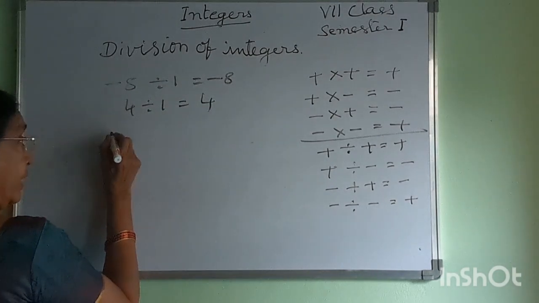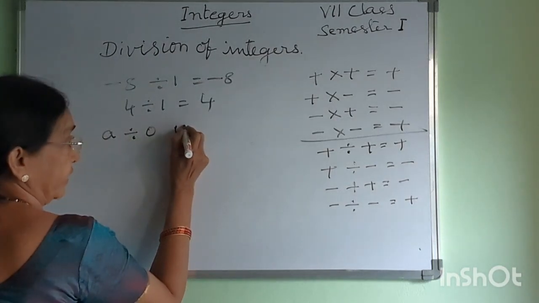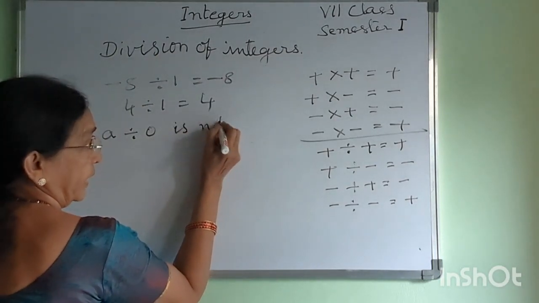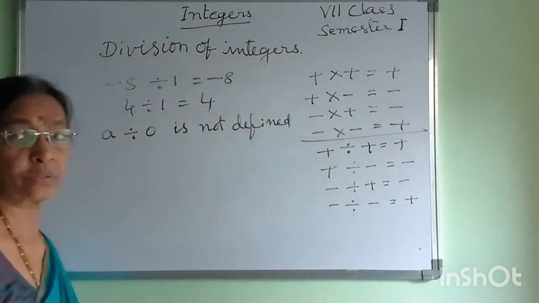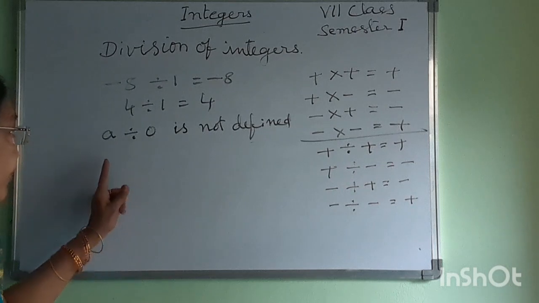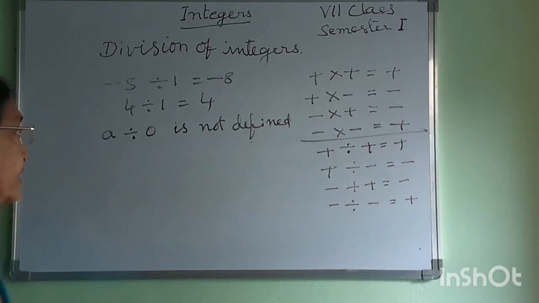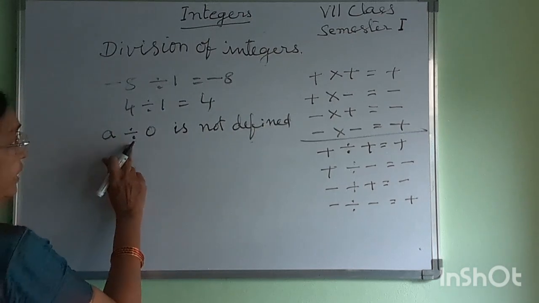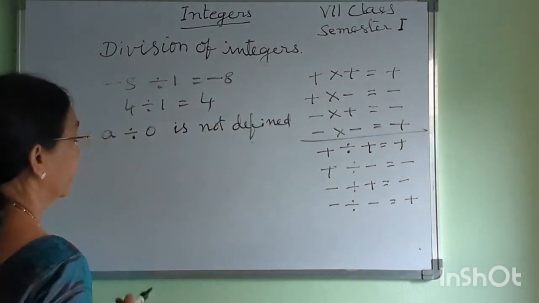An integer divided by 0 is not defined. So division by 0 is not defined. Therefore, an integer divided by 0 is meaningless. It is not defined. An integer divided by 1 gets the same integer.